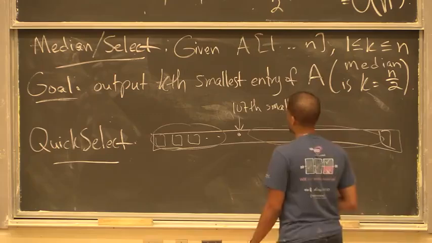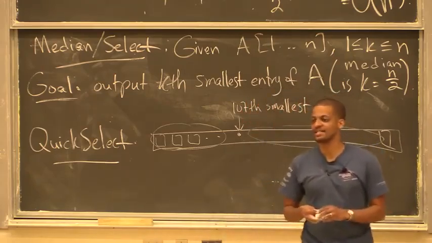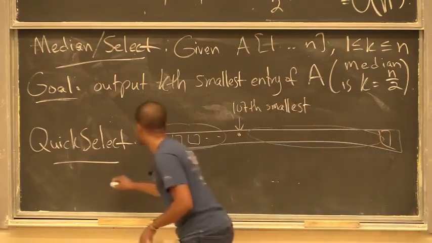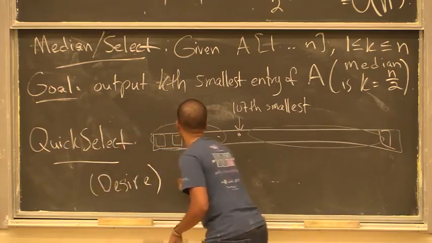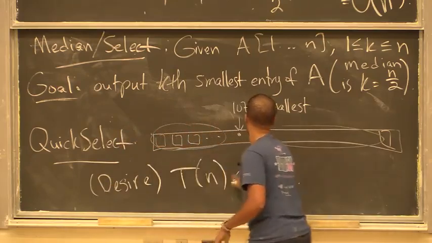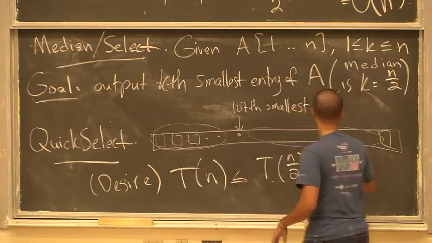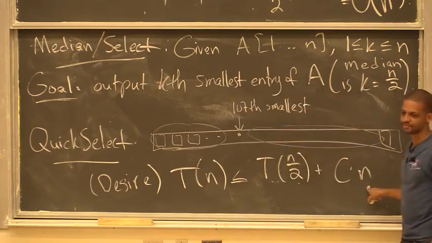And ideally what you want to do is have a recurrence that looks like T of n is at most T of n over 2 plus c times n. C times n is compare the pivot with everyone.